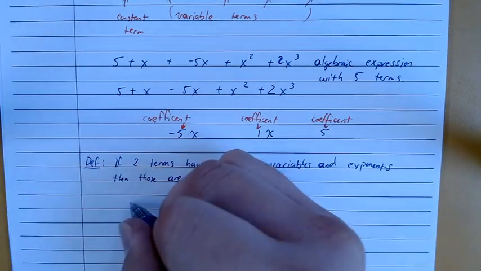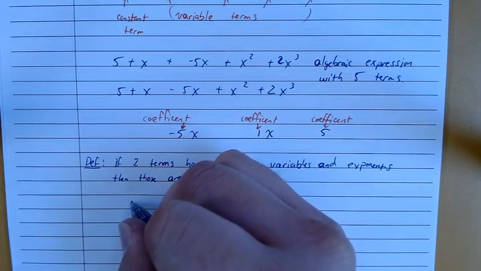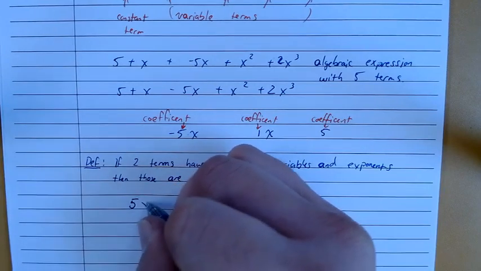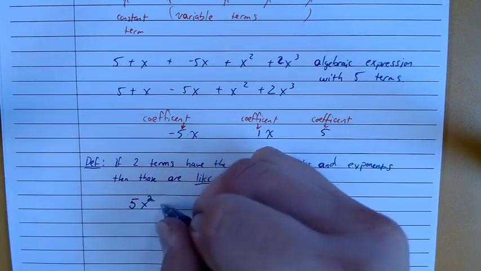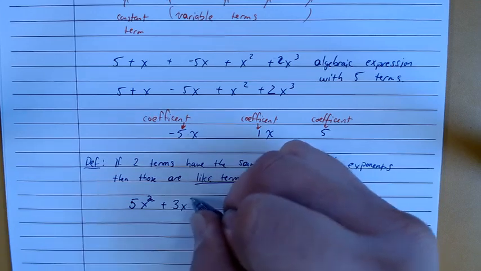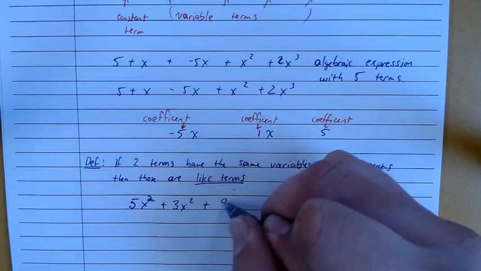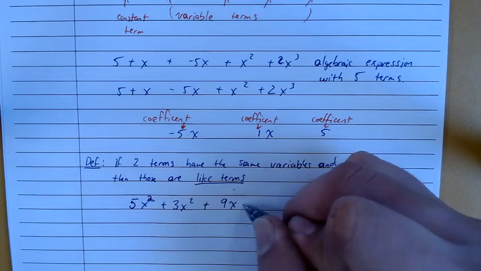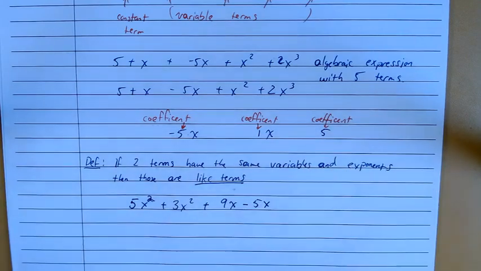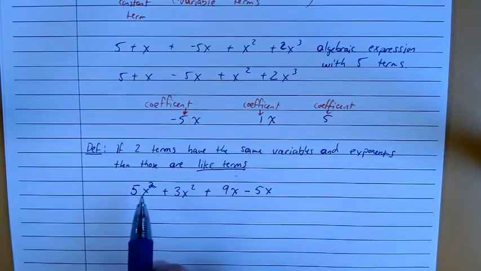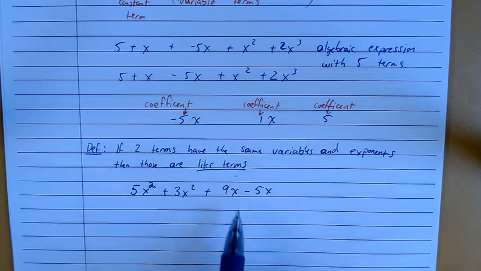So for example, if I have an algebraic expression, 5x squared plus 3x squared plus 9x minus 5x, like this. This is an algebraic expression. Here, even though I have 4 terms, I have 2 of them that are like terms, and these other 2 are like terms as well.